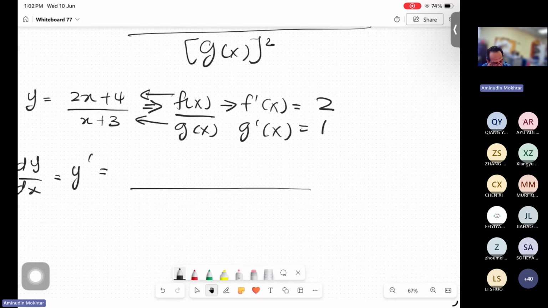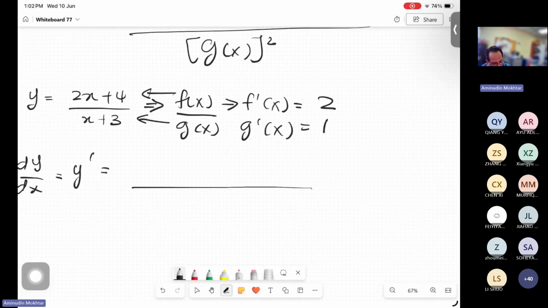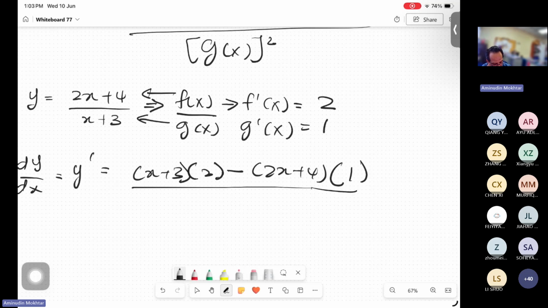So based on the quotient rule, this is equal to g(x), x plus 3, times f prime of x, 2, minus f(x), 2x plus 4, times g prime of x, 1. All of them are divided by g(x) squared, x plus 3 squared.